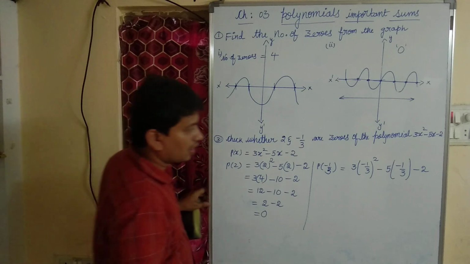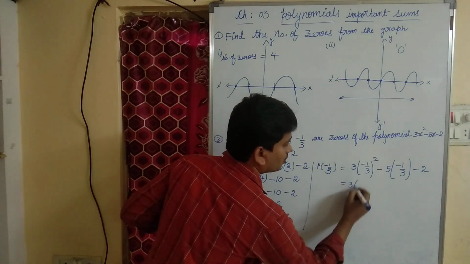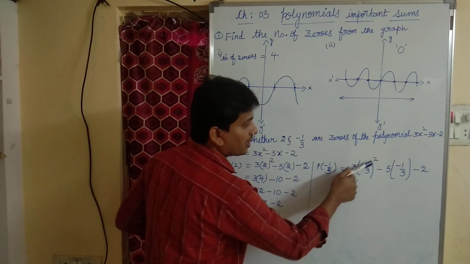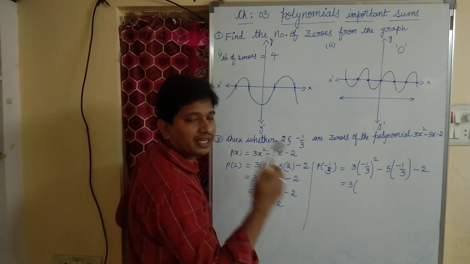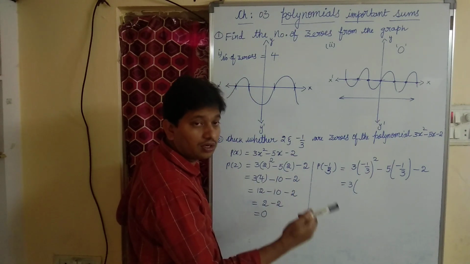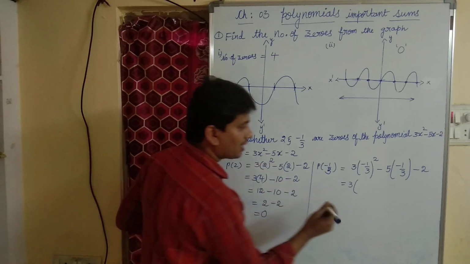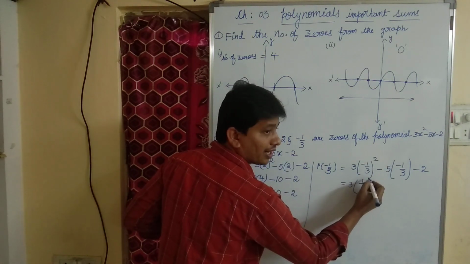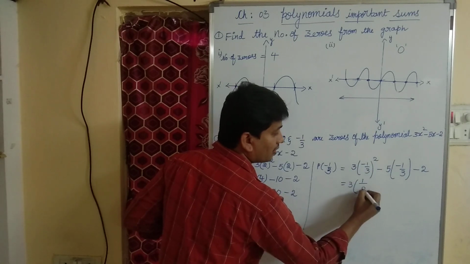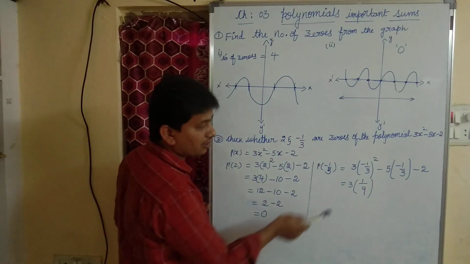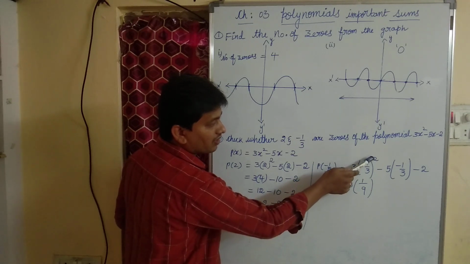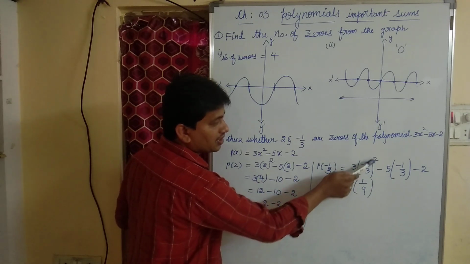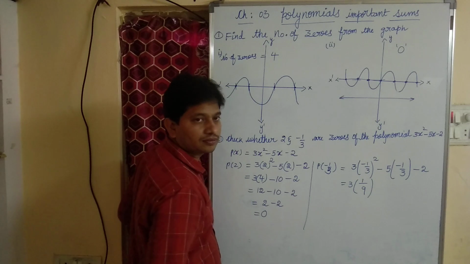Okay children, now 3 into minus 1 whole squared. If the power is square, which is an even number, the result is positive. Minus 1 whole squared is nothing but plus 1. The square belongs to the denominator as well, so 3 squared is 9. Is it clear children? Minus 1 whole squared, minus 1 into minus 1, is plus 1. 3 squared, 3 into 3, 9.